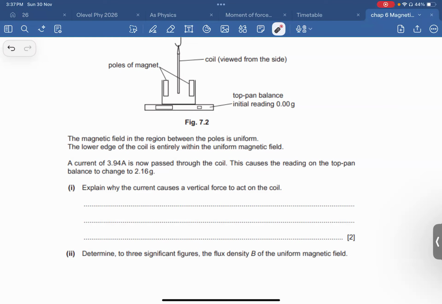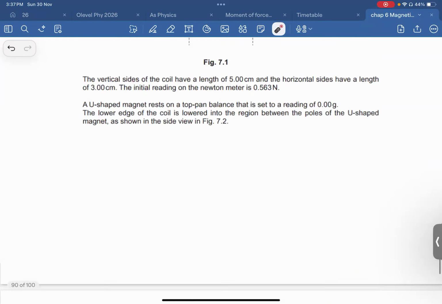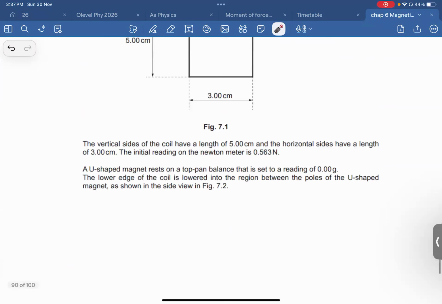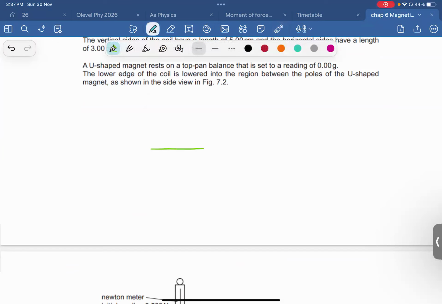Again, the similar answer. Okay, so basically, if you have this coil and let's just imagine that you have this magnet, okay? These are the magnets, right? And we have the coil right here, like this, okay?